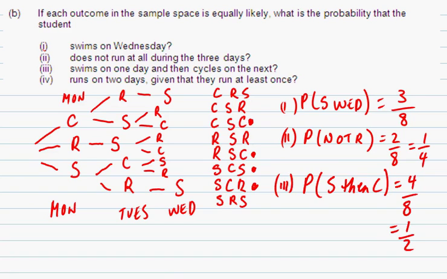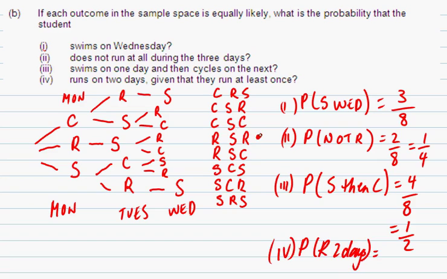And for 4, the probability of running on 2 days equals. So running on 2 days, I'm going to clear this off. We're looking for anything that's got 2 R's in it.